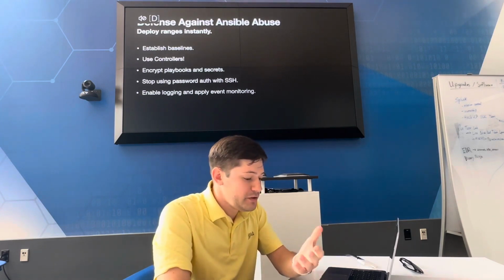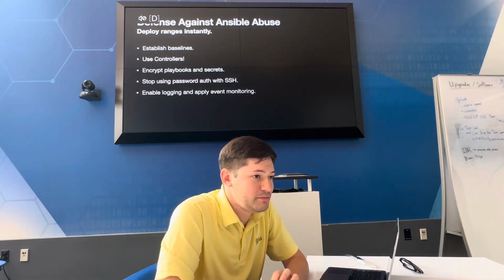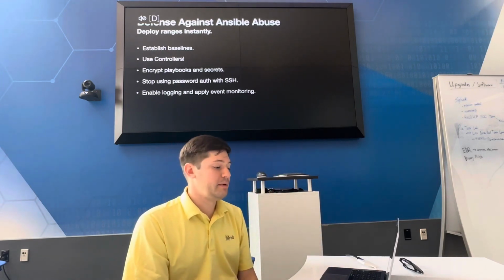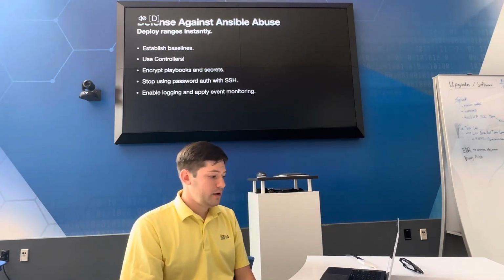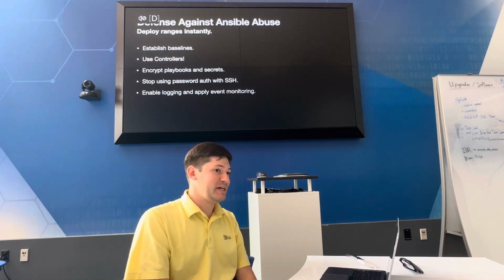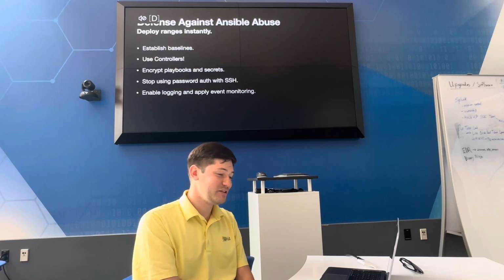If you aren't using Ansible vaults, you should be. Playbook files themselves tell a lot about your infrastructure. And yeah, that basically sums it up. The biggest one is stop using password auth. That's the mistake I see the most.